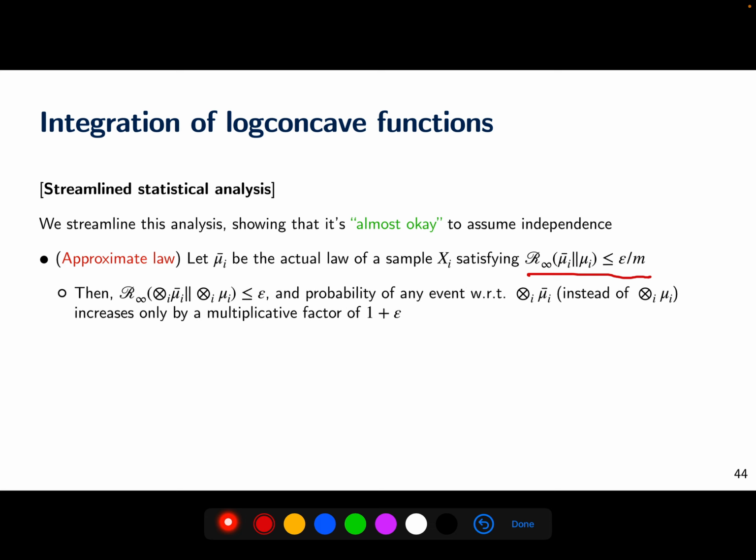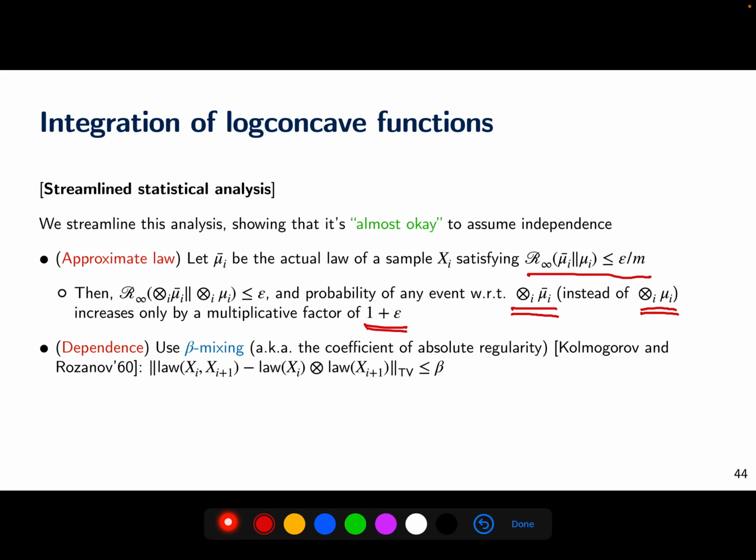Then you can easily check that the Rényi infinity divergence of the tensor product of bar mu i, with respect to the tensor product of mu i, is also bounded by epsilon. So the probability of any event with respect to this biased distribution, instead of the target distribution, increases only by a factor of 1 plus epsilon.